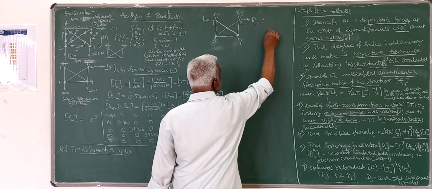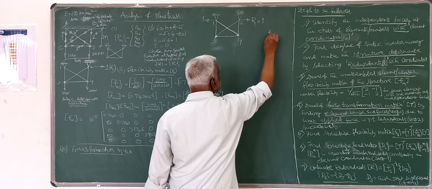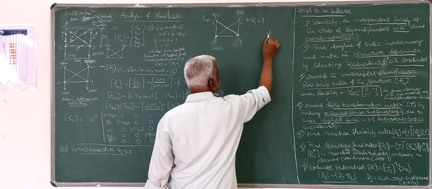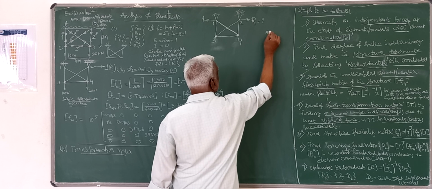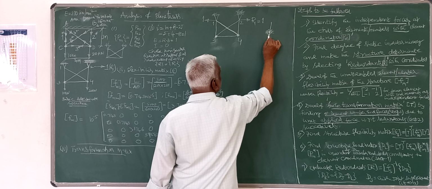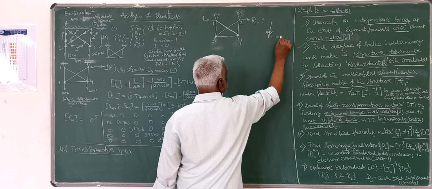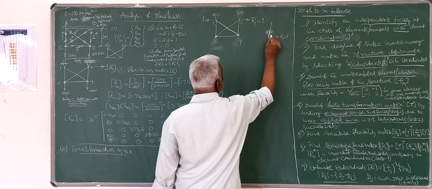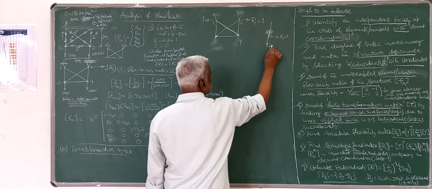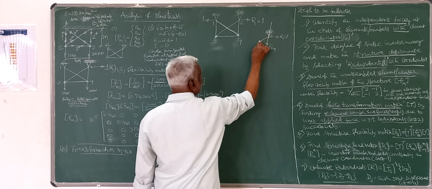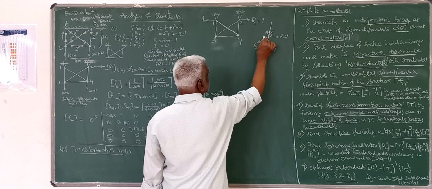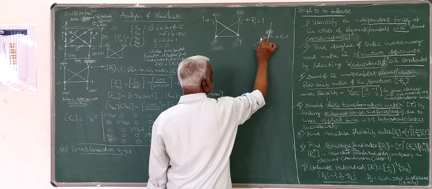I will take the free body diagram of joint 2. This is joint 2. Here I have applied a force R1 equals 1. There is a member force F24, and here there is a force F23. This is the angle theta.